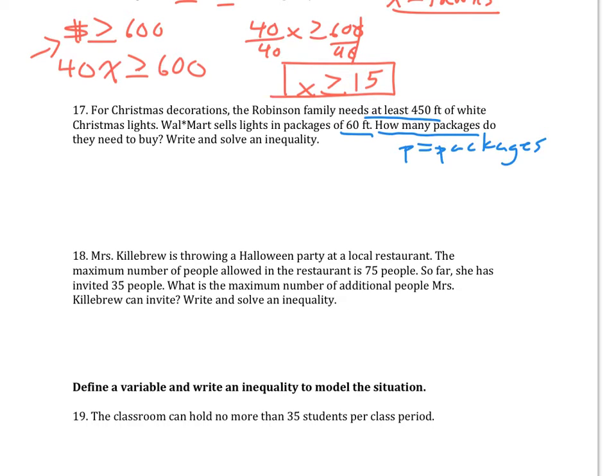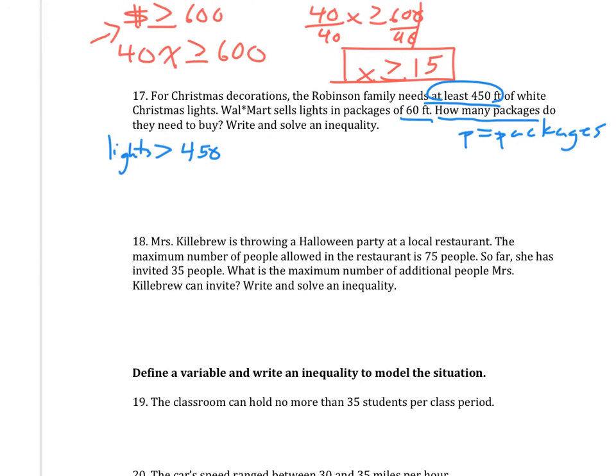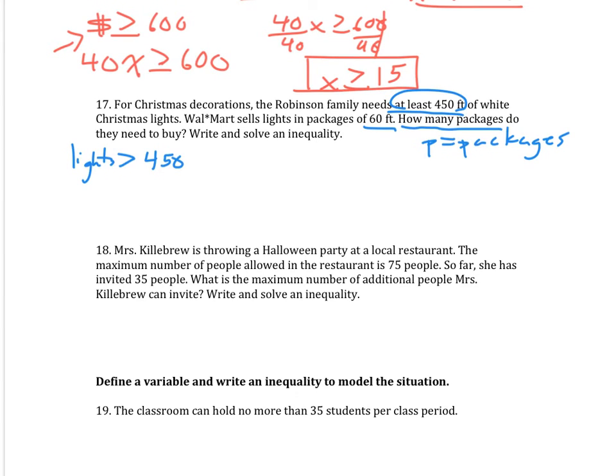All right, well, right up front it told me that I need at least 450. So I need the number of lights to be at least 450. Well, similar to the problem above, how do I figure out how many lights I have?